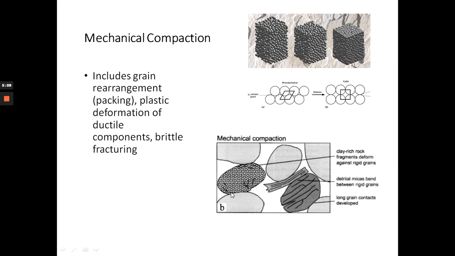Okay? You get fracturing here and here because these are more brittle grains. Okay. Sorry, this is a ductile grain. You have deformation along the contacts here. So this is brittle. It might be a quartz grain, right? Which has undergone more compaction.